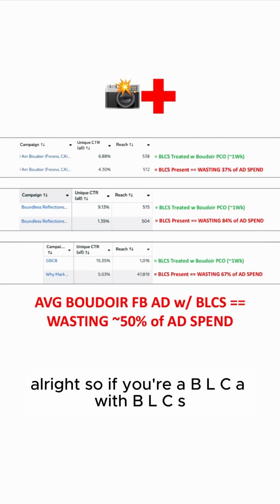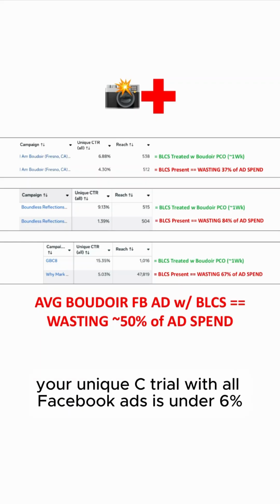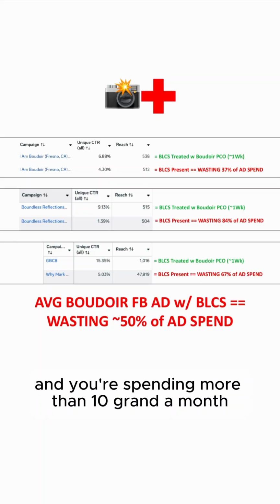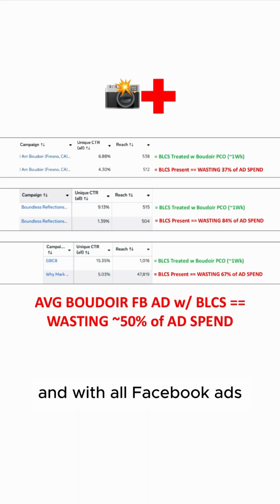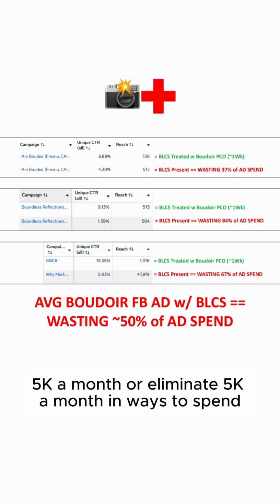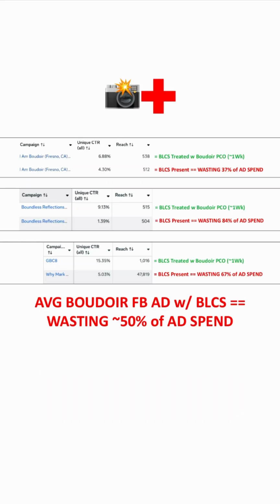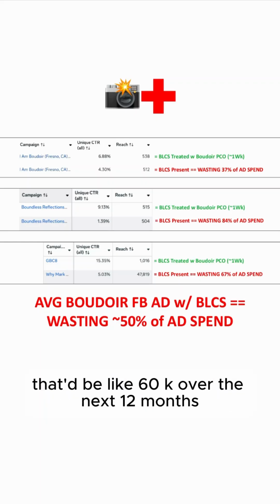All right, so if you're a BLCA with BLCS, so boudoir low click advertiser with boudoir low click syndrome, your unique CTR on boudoir Facebook ads is under 6%, and you're spending more than 10 grand a month on boudoir Facebook ads, and you want to save approximately 5K a month, or eliminate 5K a month in wasted spend, pocket that instead, and actually keep, on average, that'd be like 60K over the next 12 months.